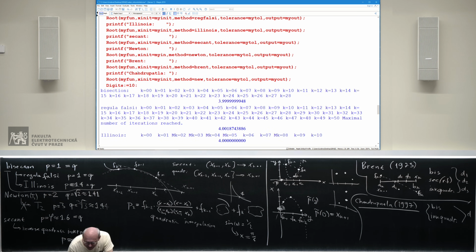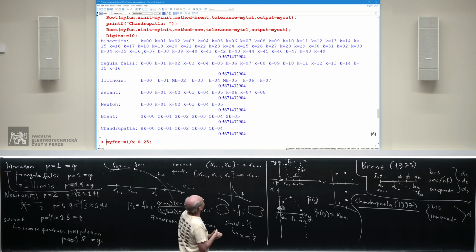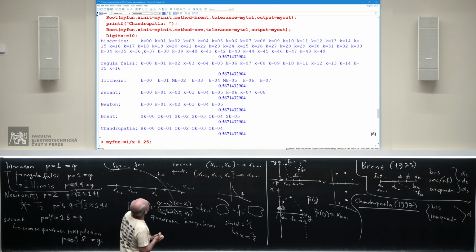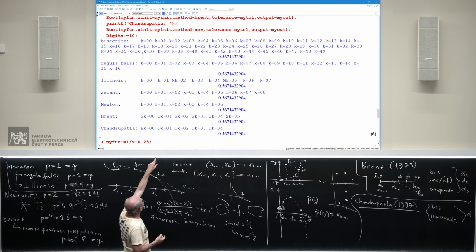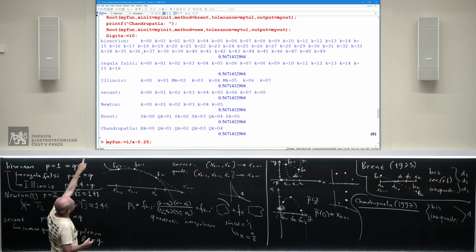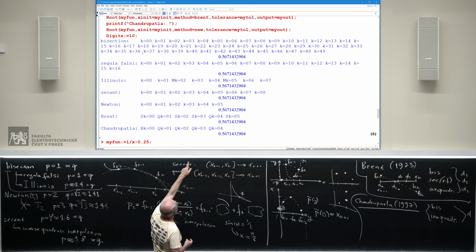Okay, another example. Let me run the methods. Will there be something interesting? Well, again, bisection had trouble here, and regula falsi was better, Illinois still better, and again here we see the familiar pattern. Every third iteration is modified. So this is typical. The secant method is actually a bit slower compared to Illinois.